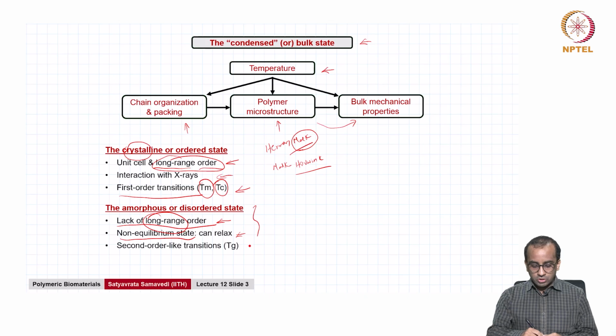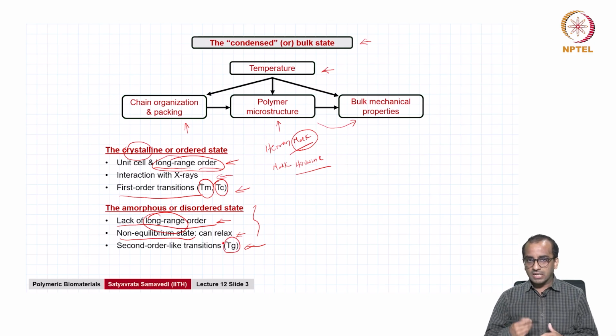And just as we have alluded to, this is associated with a second order like transition. One very famous example of that is glass transition temperature. Again, we will look at this in far more detail in another lecture, but for this lecture all we will say is that the glass transition temperature is simply a temperature below which the polymer behaves like a glass and above which the polymer behaves like a rubber.